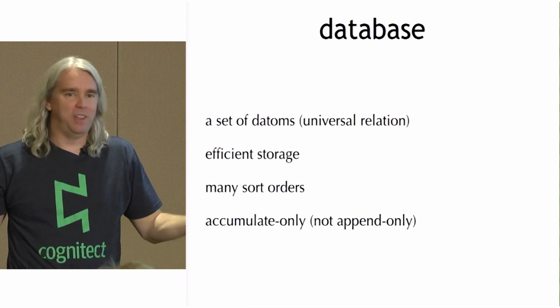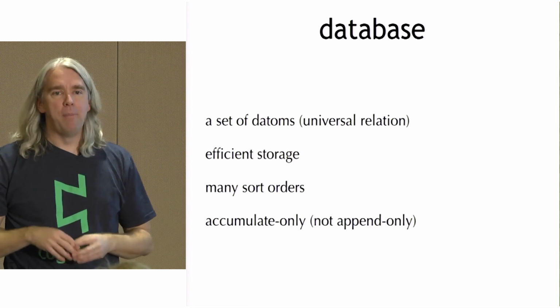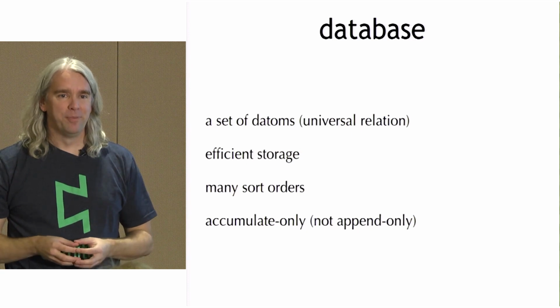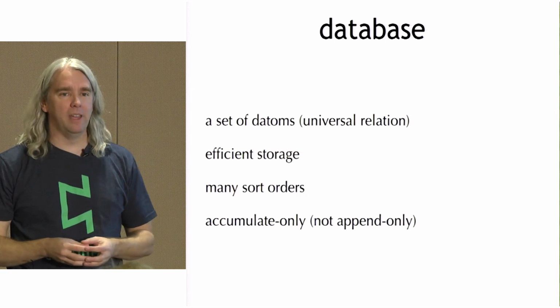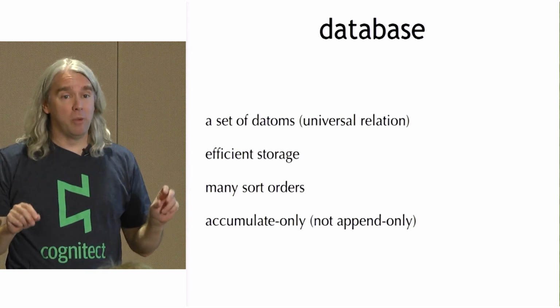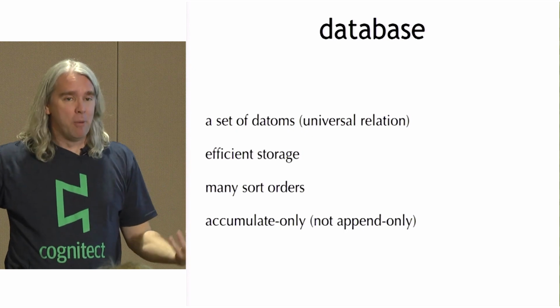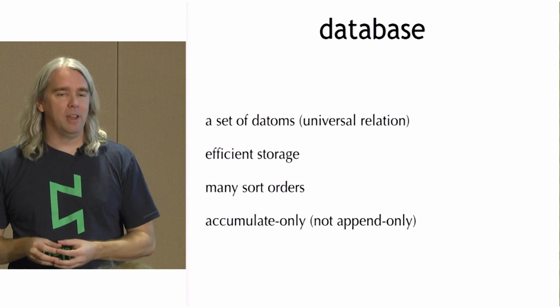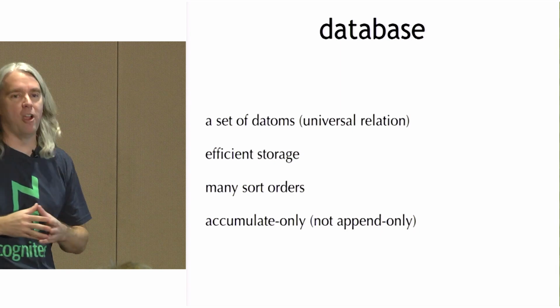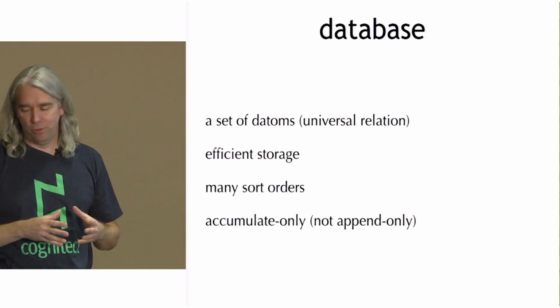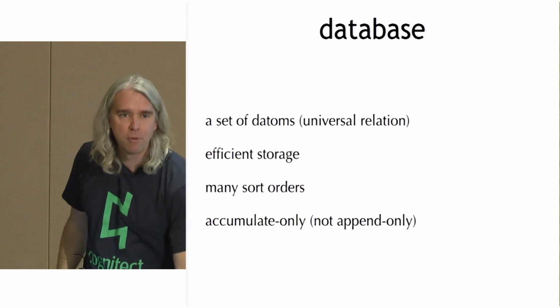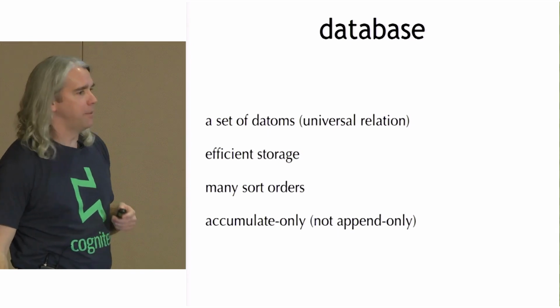I have to map reduce over the data or something to find something out. So append only is not viable for the kind of efficiency we're looking at. It's accumulate only. We promise that everything's in there, but all kinds of cool stuff is happening under the hood. Append only would be a very naive strategy for doing this job, and it wouldn't have the performance characteristics that you want to have.